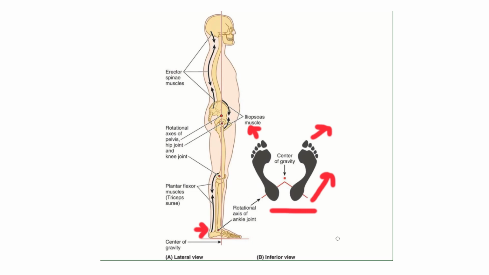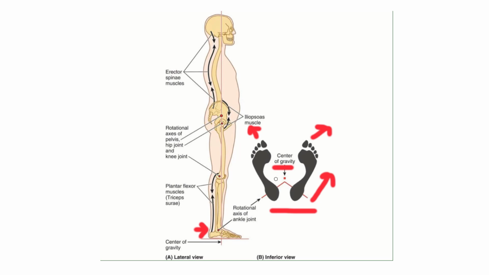The ankle joint is a little less stable than the hip and knee joints, and the line of gravity, as you can see here, falls a little bit above the knee joint.